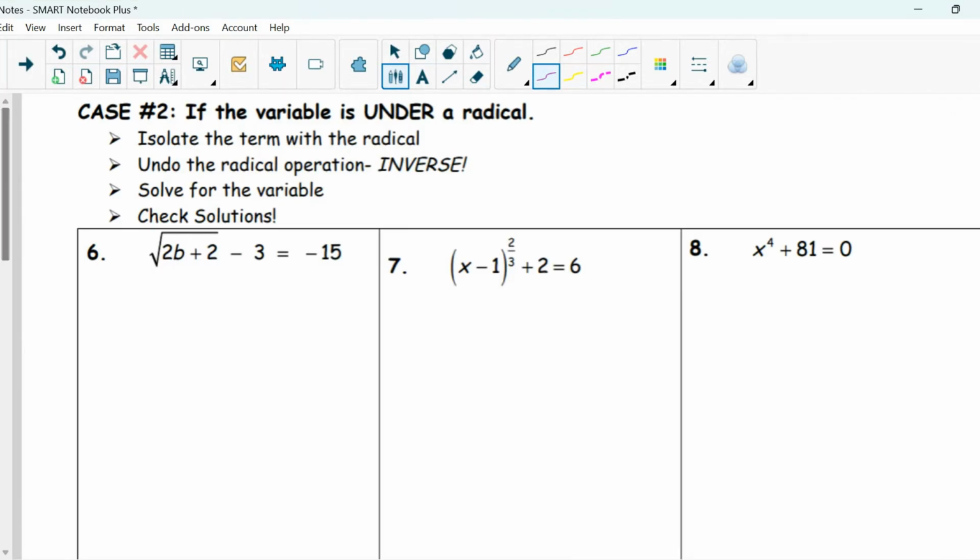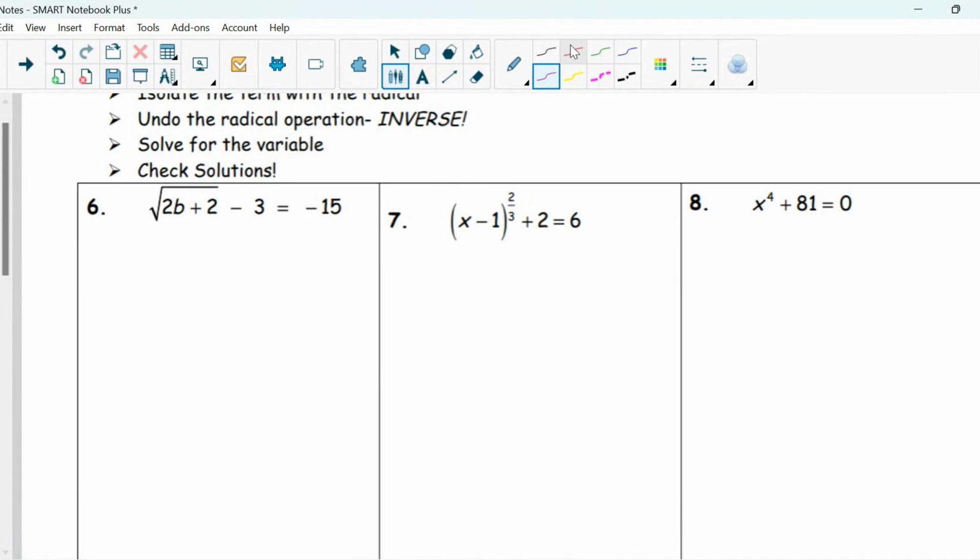Okay, going back to case 2 here, let's start by isolating our term with the radical. So let's add 3 to both sides. This is going to give me the square root of 2b plus 2 equals, adding the 3 to the other side, negative 12.